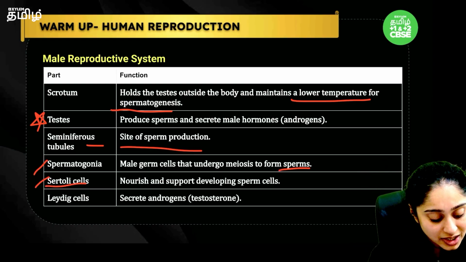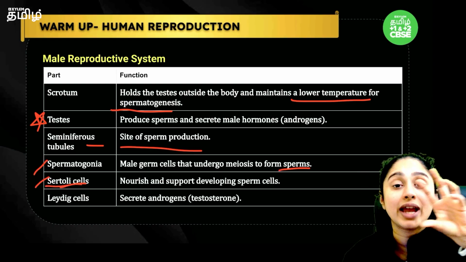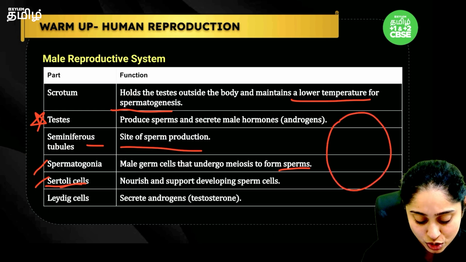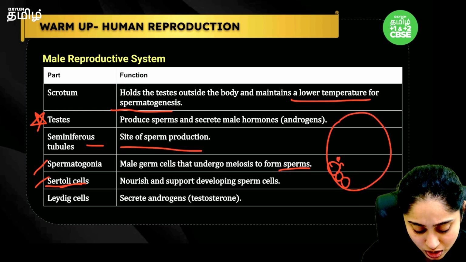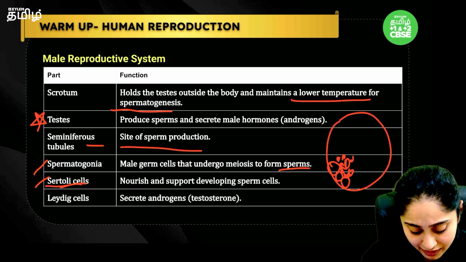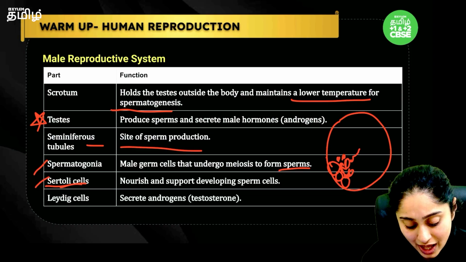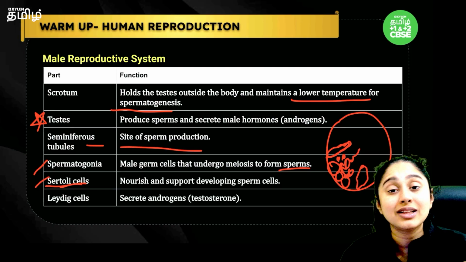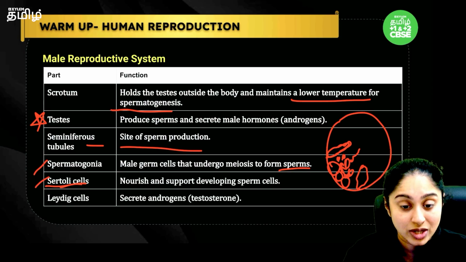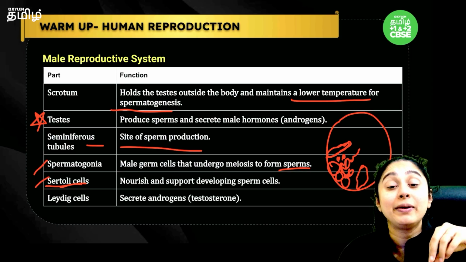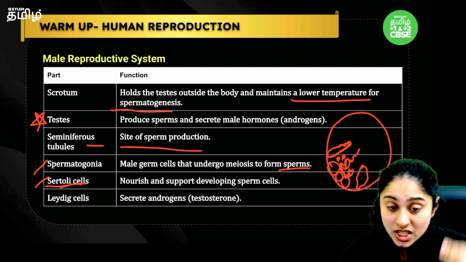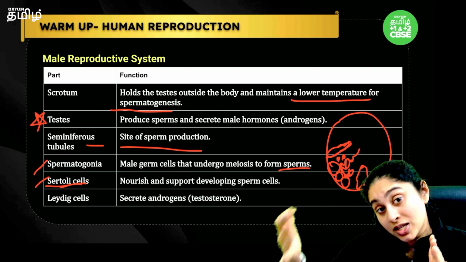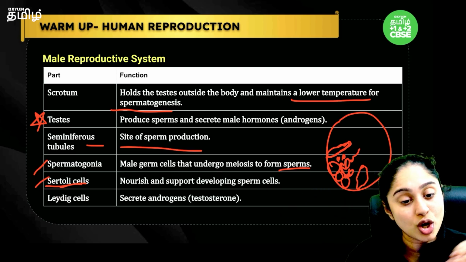The Sertoli cells are other elongated cells. Inside the tubule, we can find the spermatogonium dividing and producing the sperms, and in between these we have slightly elongated cells called the Sertoli cells, which help in nourishing and developing the sperms. When we study the process, you will clearly understand the role of Sertoli cells.